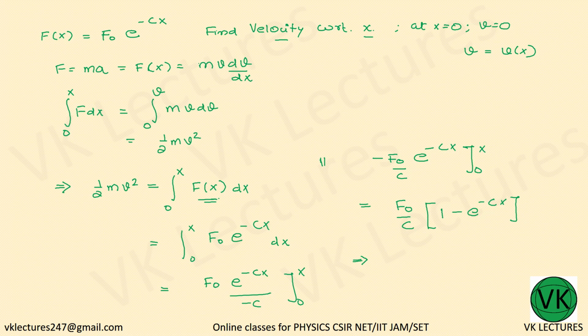At x equal to 0, v is equal to 0. So half mv square is equal to f naught by c into 1 minus e to the power minus cx.